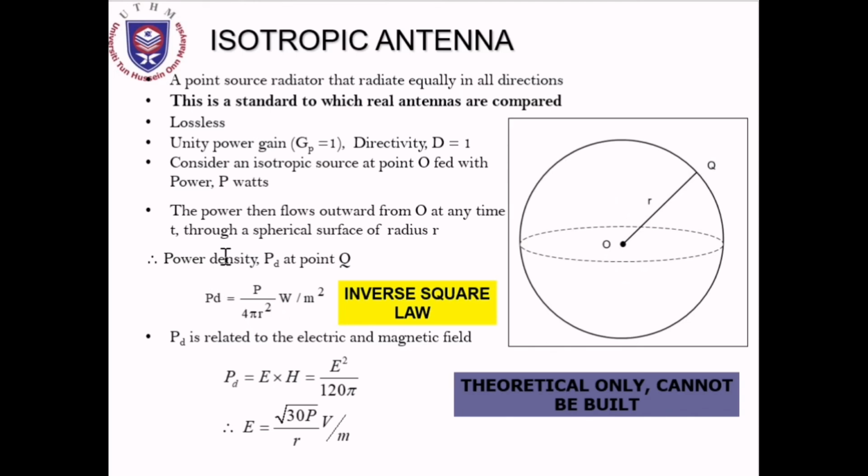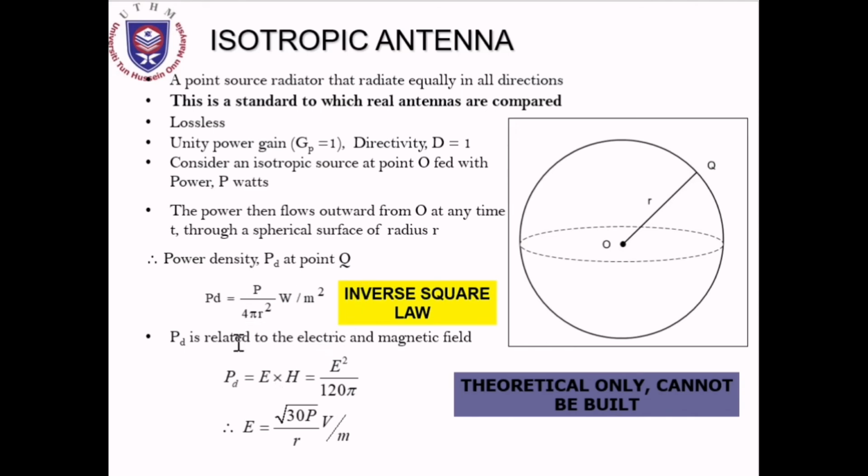For the power density, you can use this equation over here, which is the inverse square law that we already discussed in the previous slide. So power density is equal to P, which is the power of the source over here, O, divided by 4 pi R squared. And the unit is watt per meter squared.